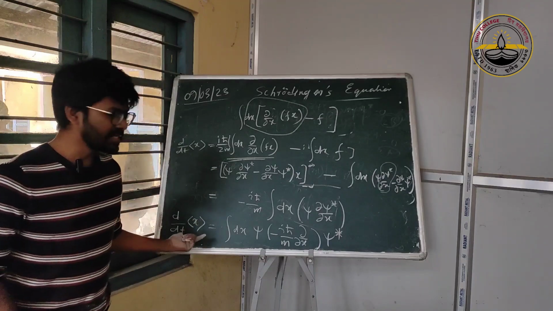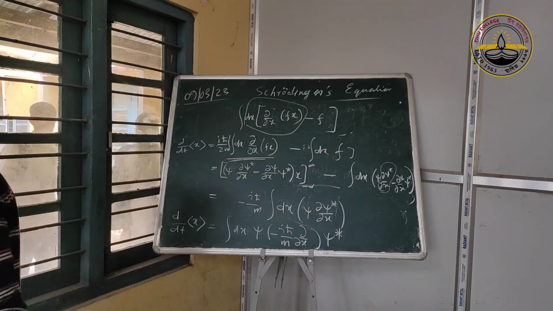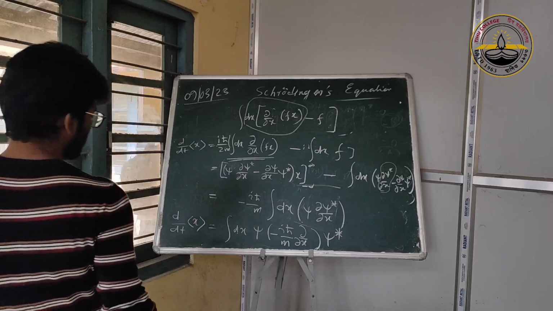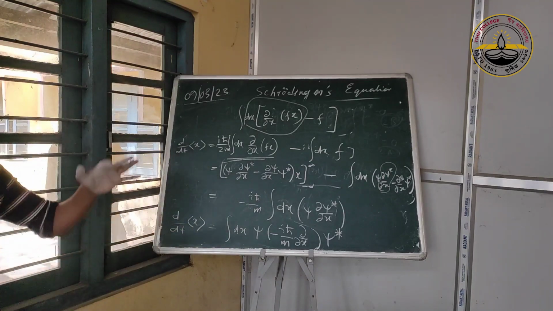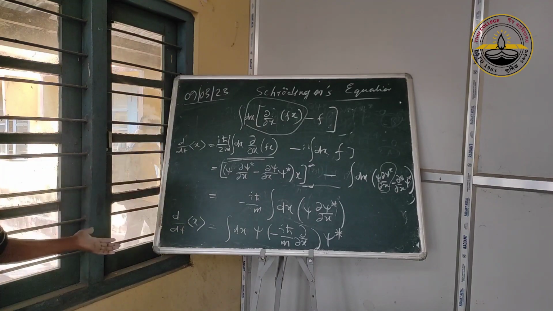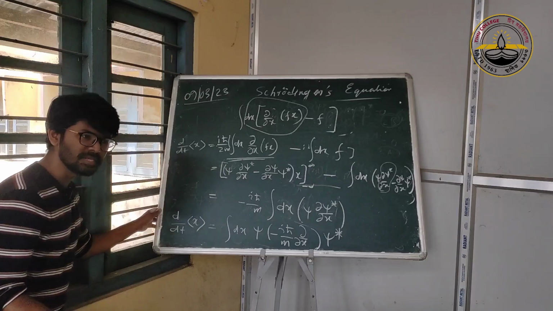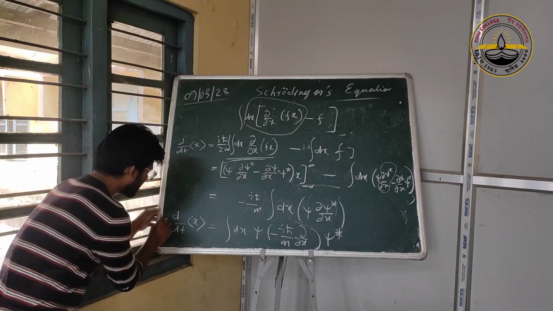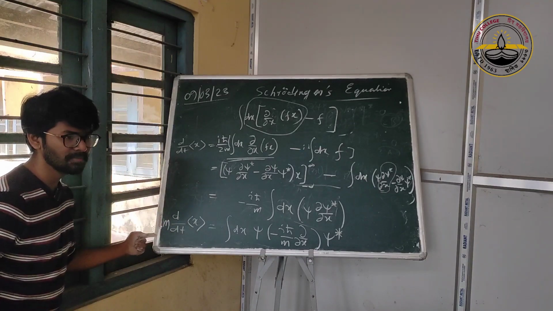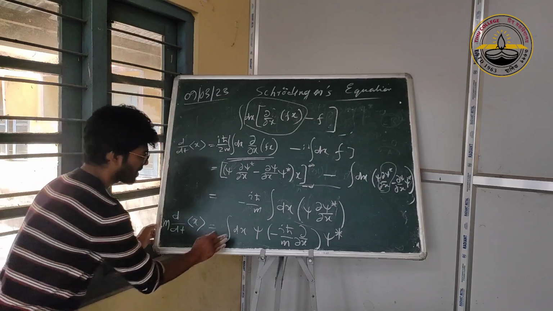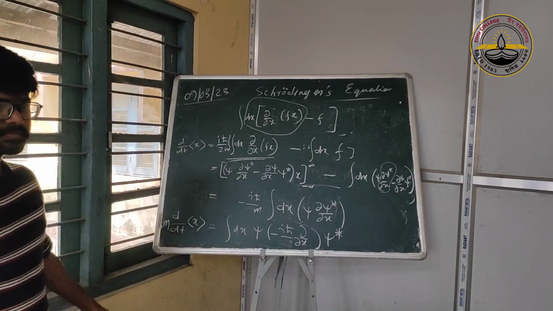Now, expectation value of position is, let's say, expectation value of velocity. But in quantum mechanics, we always talk about momentum instead of velocity. So you could take a multiplication by mass and get rid of the m here.